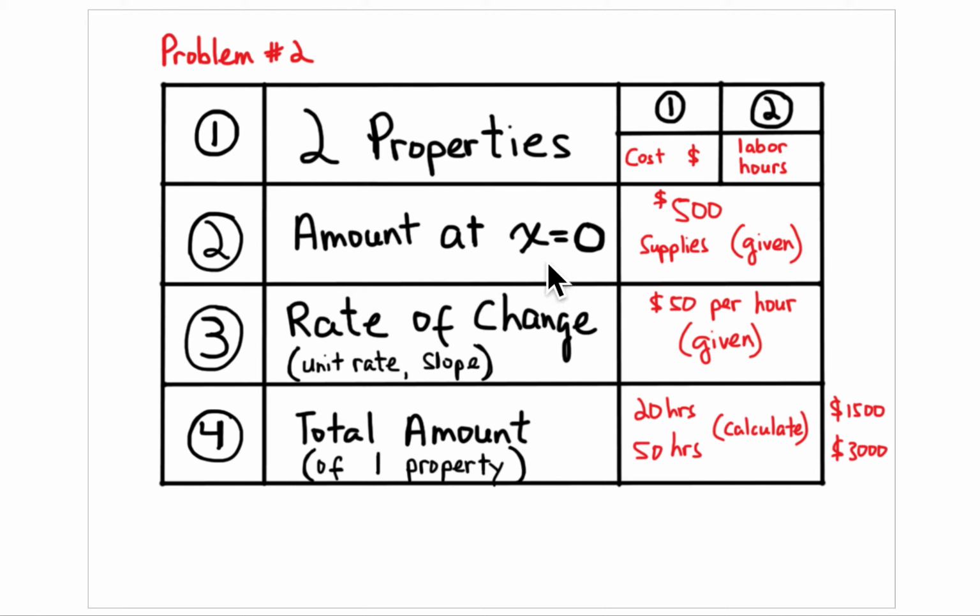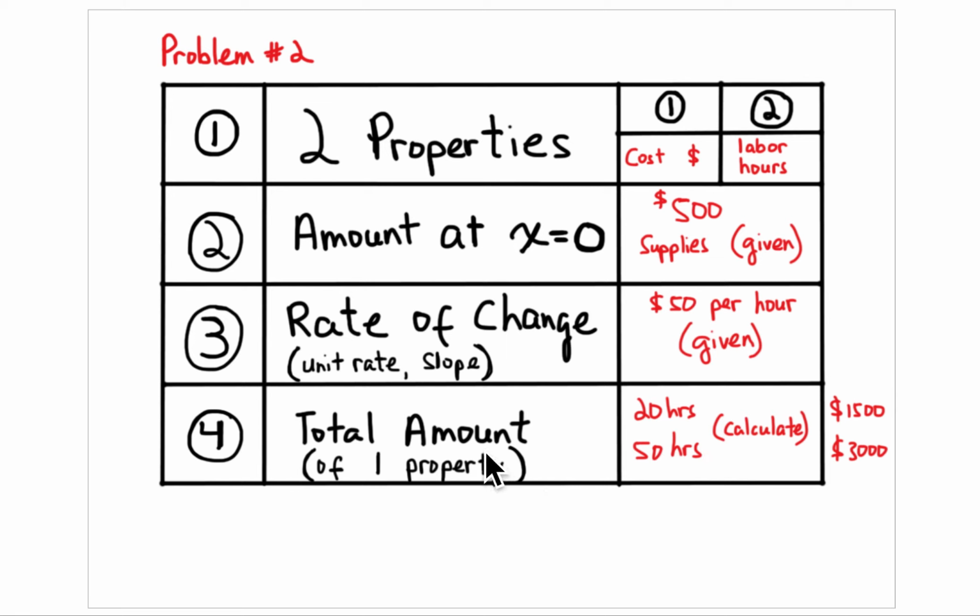The amount at x equals 0, which is the $500, is the cost of the supplies. So again, that's given to you. In the other problem, you had to calculate it. What's the rate of change? How much do you have to pay for each hour worked? $50 per hour. That's given to you. In problem number 1, you had to figure it out.